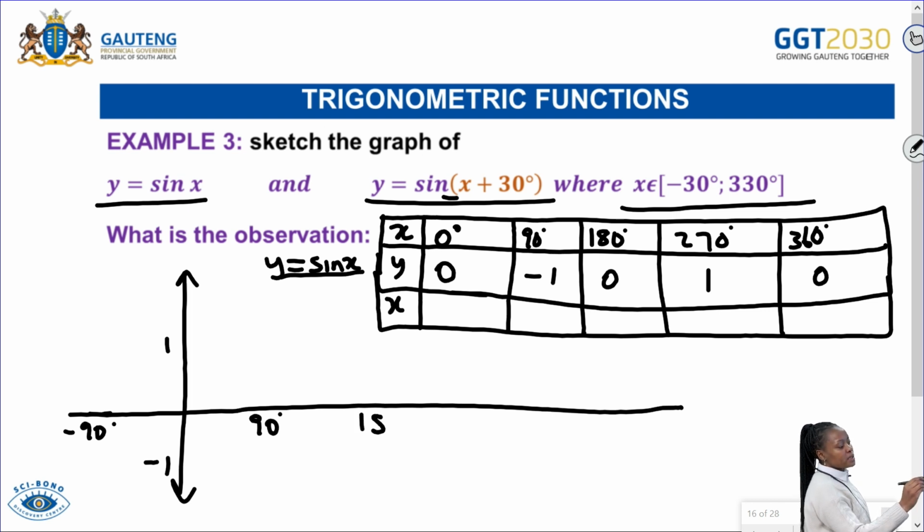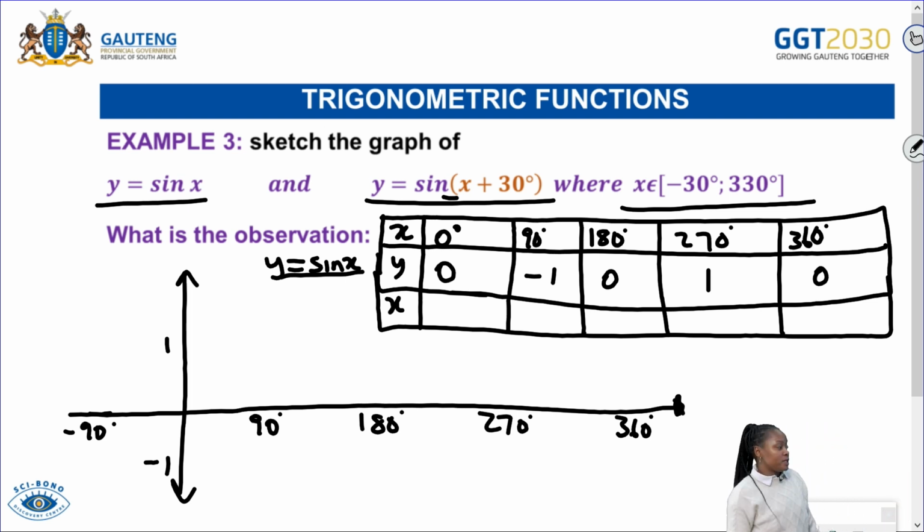I have 180 degrees, 270, and then I have 360. So what really happened to this graph? Let's see.